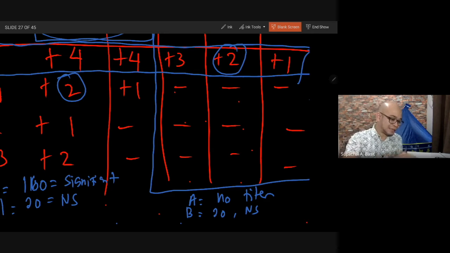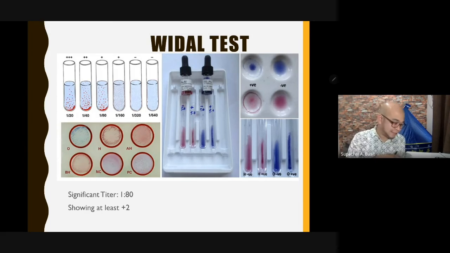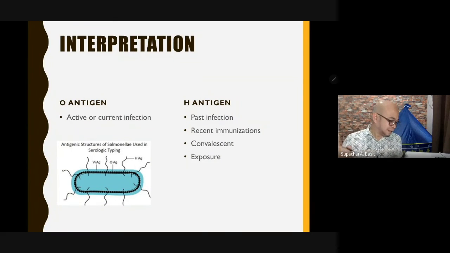That's how we analyze the Widal test. So if O is significant, what does it mean? It means that there is an active or current infection.